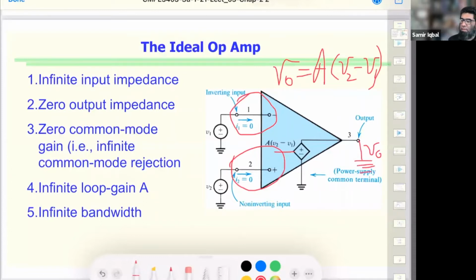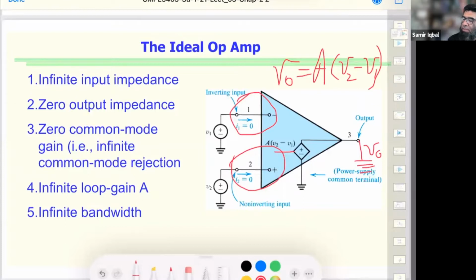All right, what else? Bandwidth. An op-amp can amplify DC, 0 hertz, all the way to infinity hertz. So it has infinite bandwidth. It can amplify anything that's fed to it. These are the ideal conditions, the properties of an ideal op-amp.